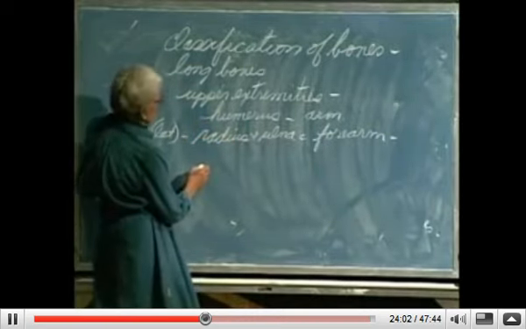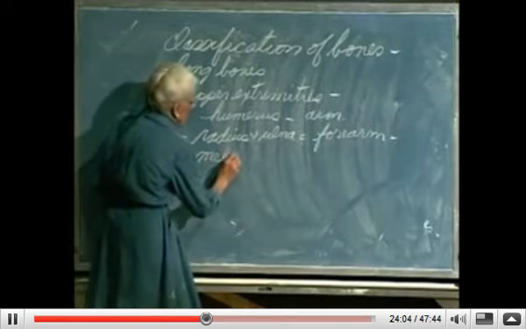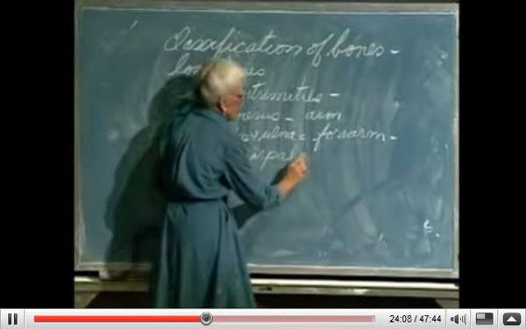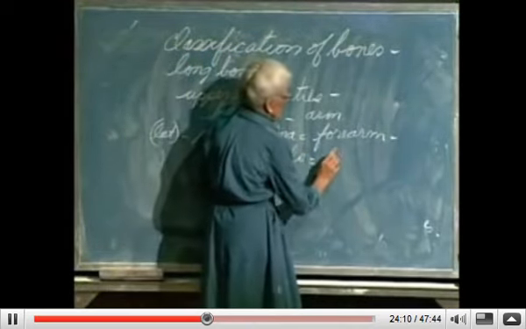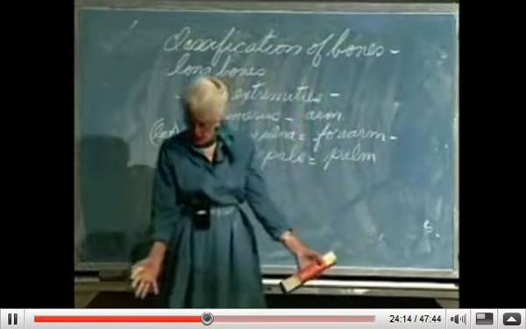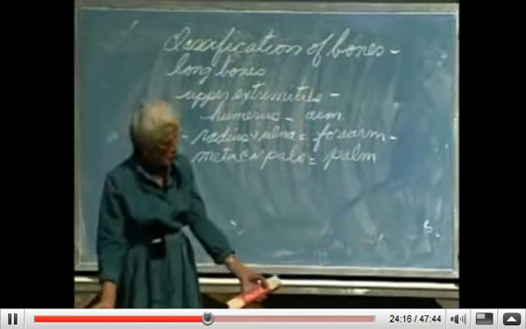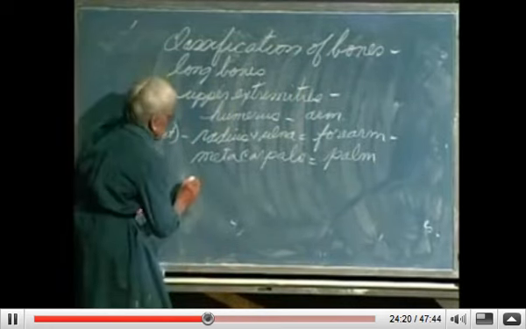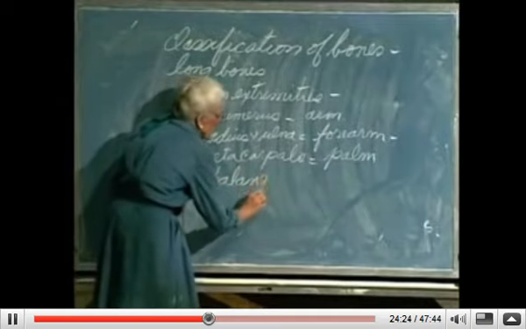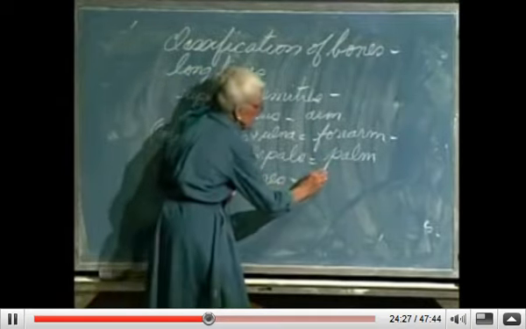So we have the metacarpals. These will be the bones in the palm of your hand. Anatomical position. And then the phalanges. And the phalanges are the fingers.